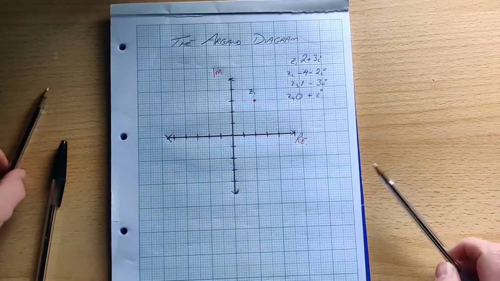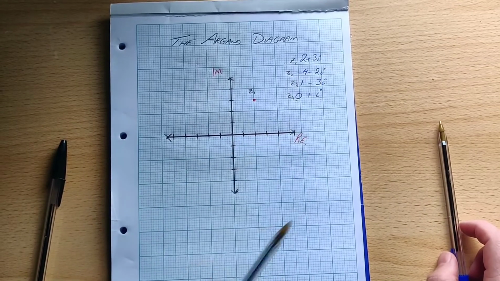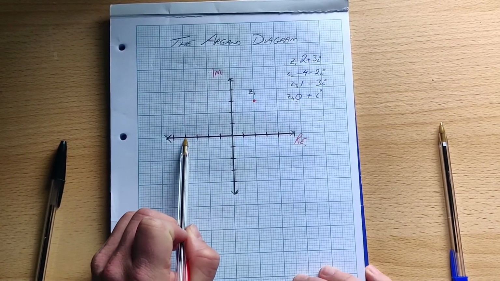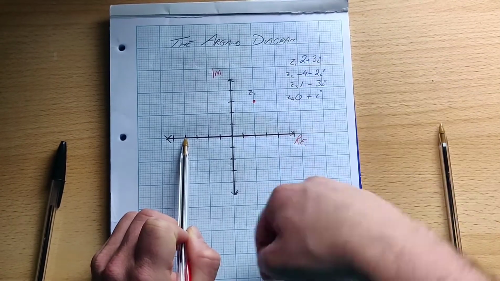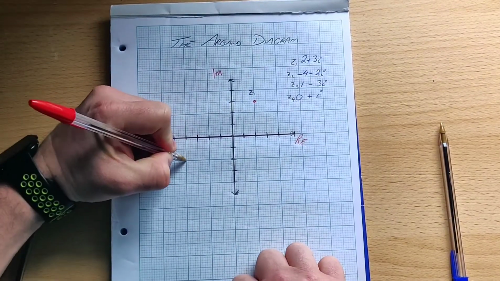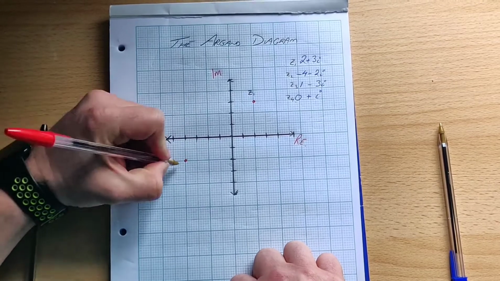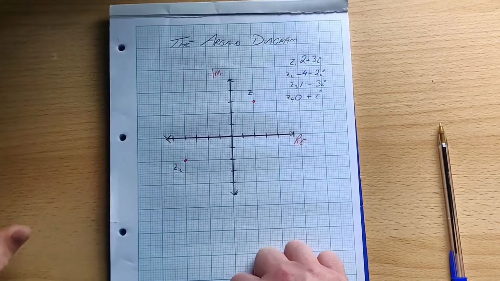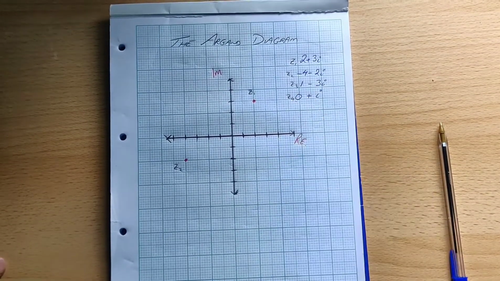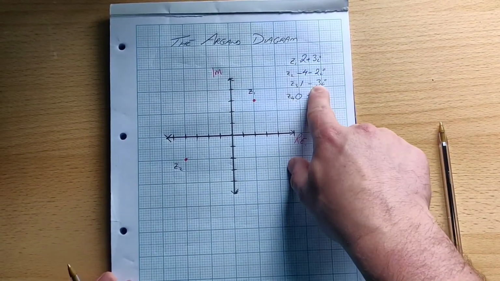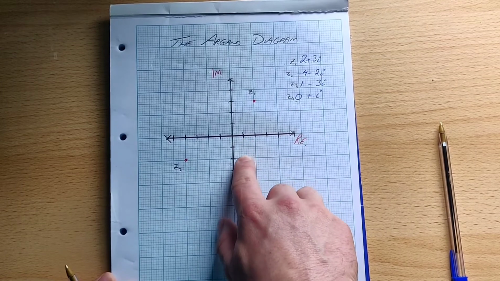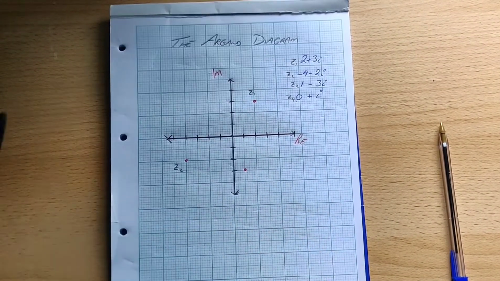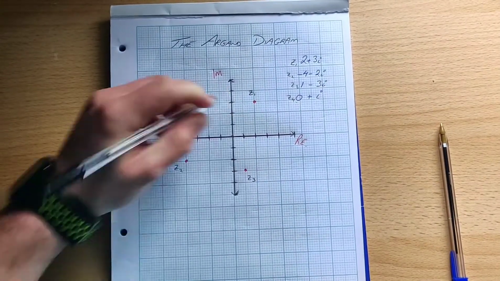The second one, Z2, is minus 4 minus 2i, so go back, minus 4, 1, 2, 3, 4, and then minus 2i means I go down 1, 2, so that's this point here. So that point is Z2. The third one, 1 minus 3i, so that one is Z3.